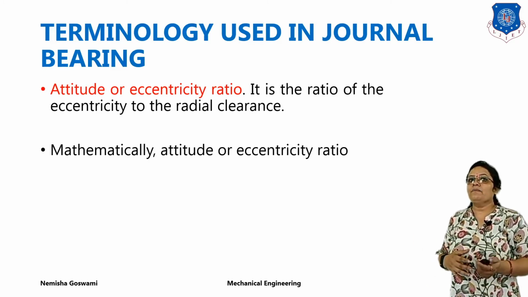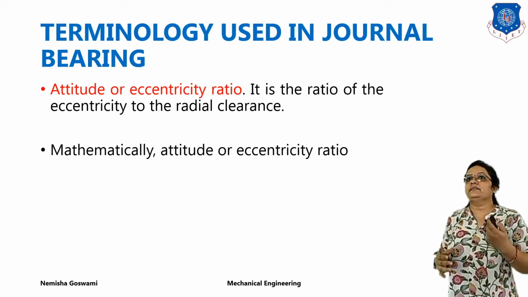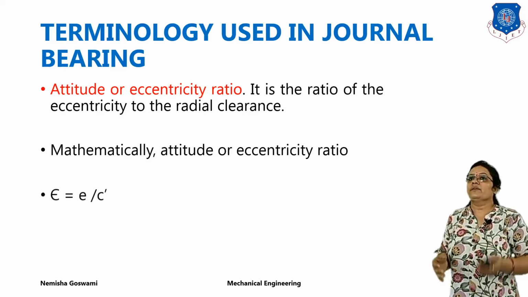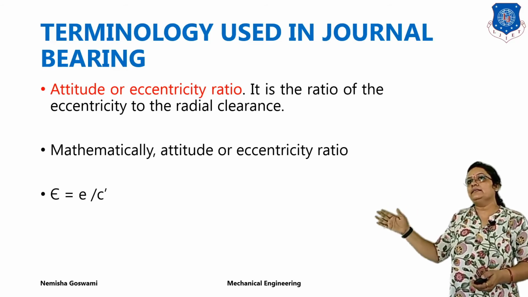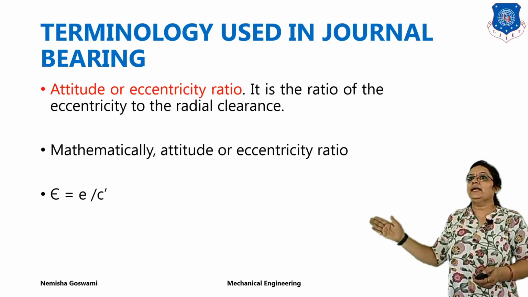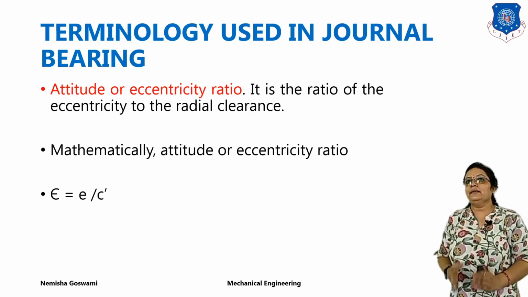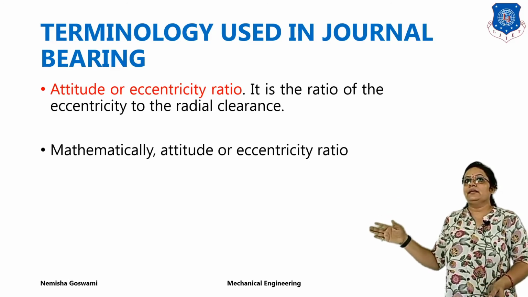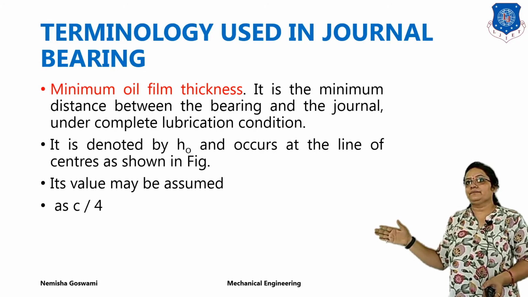Mathematically, how do we denote the attitude or eccentricity ratio? It is denoted by epsilon, and it is equal to e divided by C dash, where C dash is the radial clearance and e is the eccentricity.